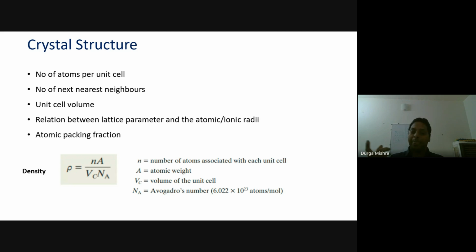If you know the mass and the volume, you can calculate. Then you can understand if you have any defects or voids or pores in the structure. So this is also a very useful parameter to obtain if you know the crystal structure.